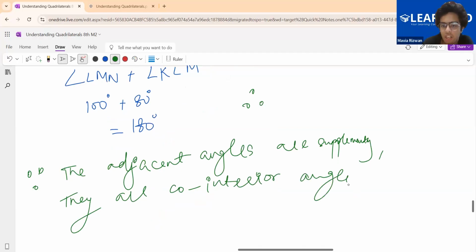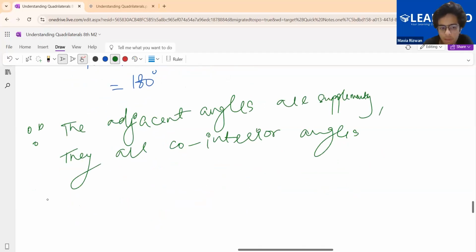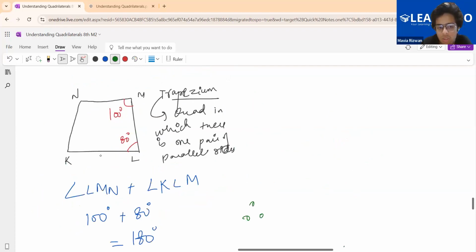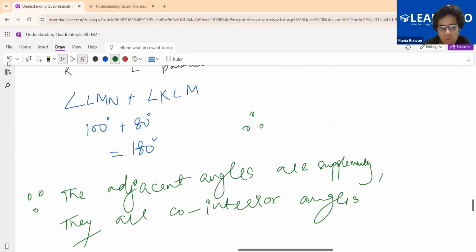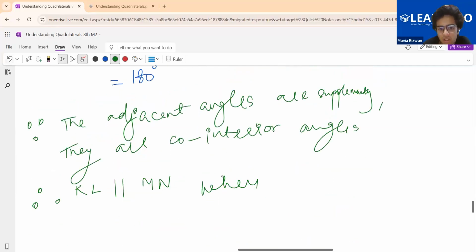Therefore, KL is parallel to MN, where LM acts as the transversal.